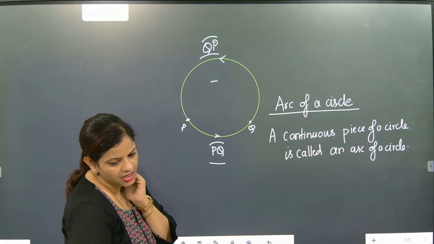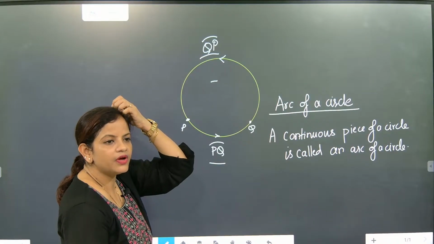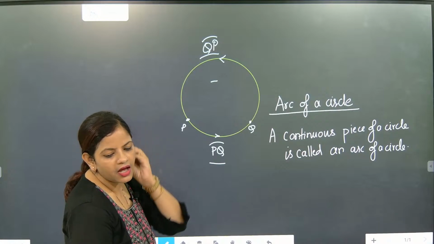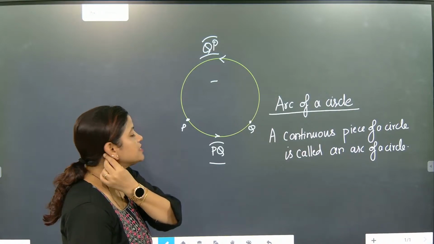Minor arc and major arc. Yes, there will be two arcs, beta. One arc is considered as the minor arc and another arc will be considered as the major arc.